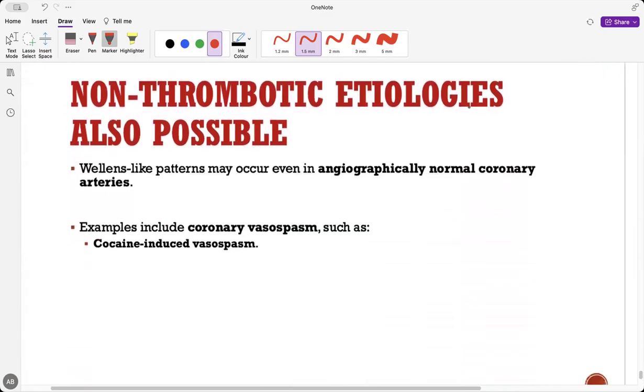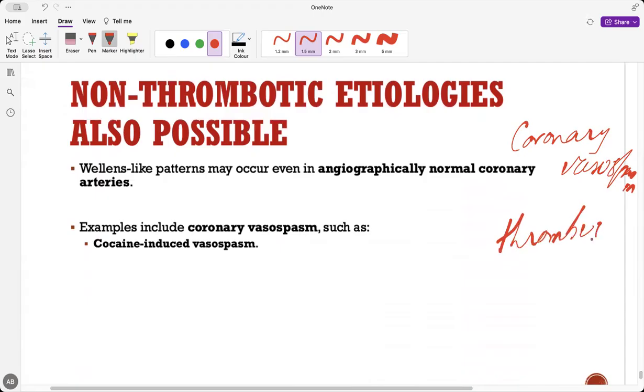And it is not necessary that it is always thrombus. Sometimes it can be because of coronary vasospasm as well, or because of thrombus formation without plaque, but these are very unlikely.